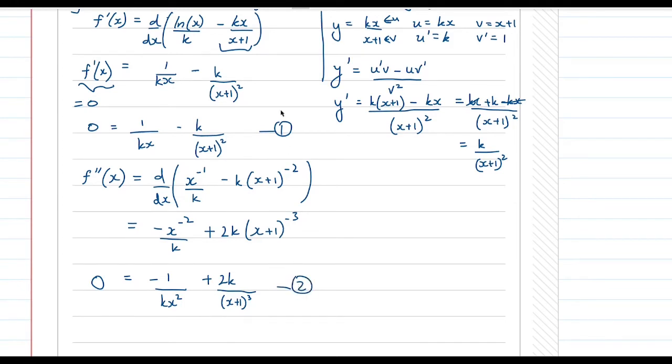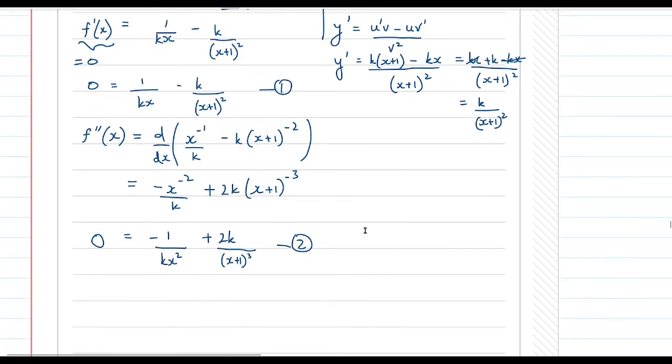If we solve equations 1 and 2, as simultaneous equations, it will give us the values for k and x. So let's rearrange 1 so that we can sub it into 2. So 1 over kx equals k over x plus 1 squared.